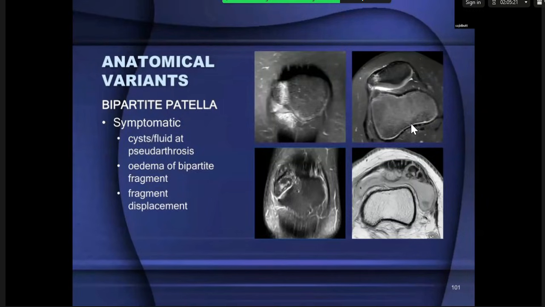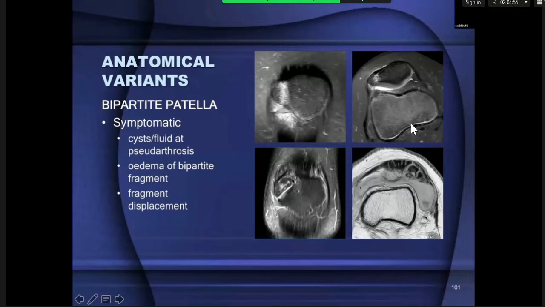When you have a symptomatic bipartite patella in patients who have had a superimposed trauma or because of the presence of crystal deposition disease, then there is an impressive degree of bone bruising present around it. The fluid cleft, which separates the bipartite fragment from the rest of the bone, has more fluid present within it.